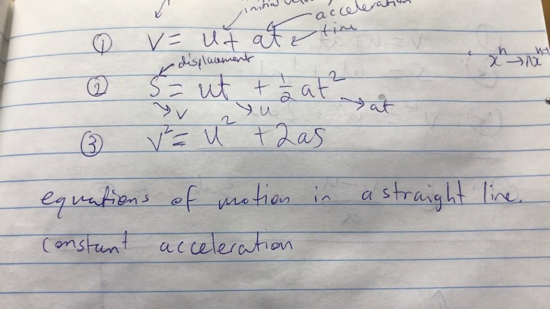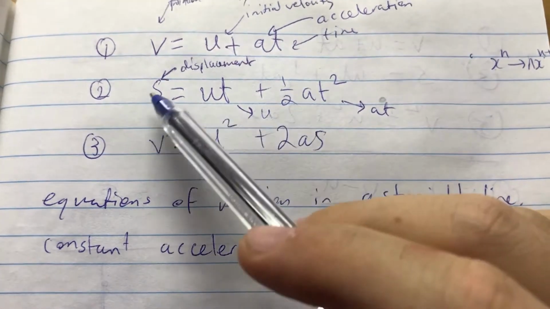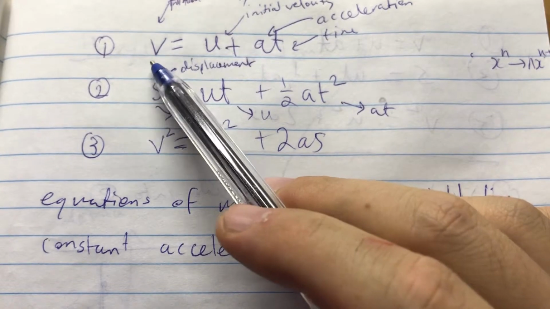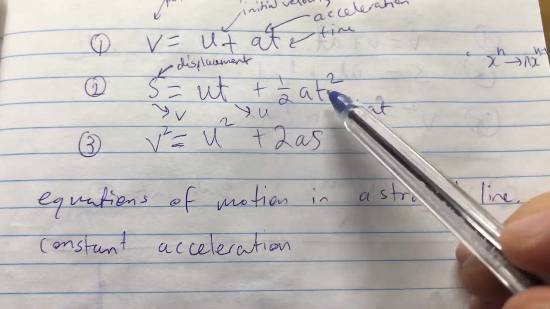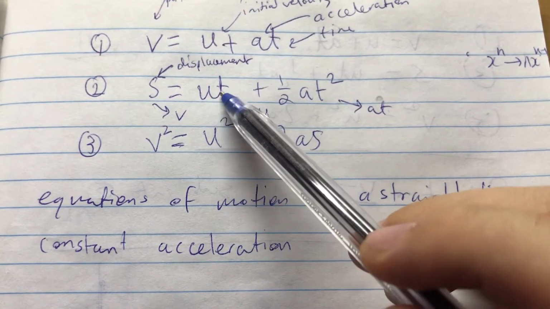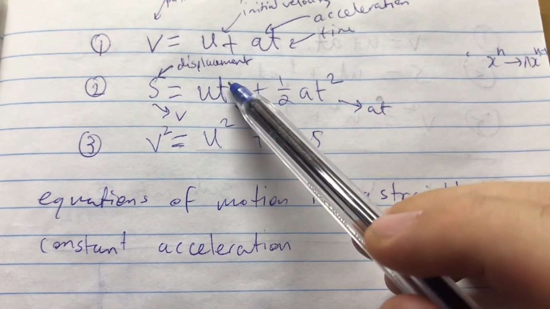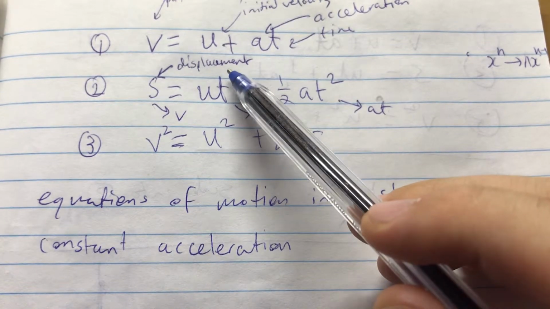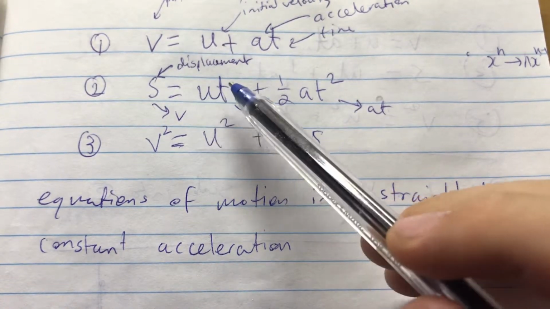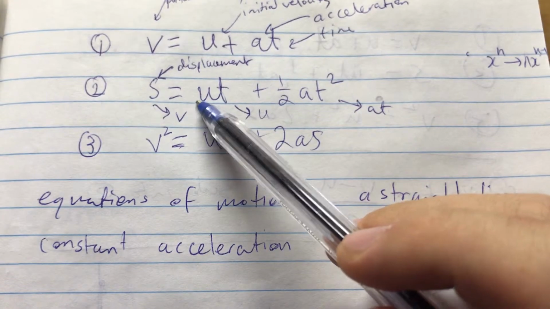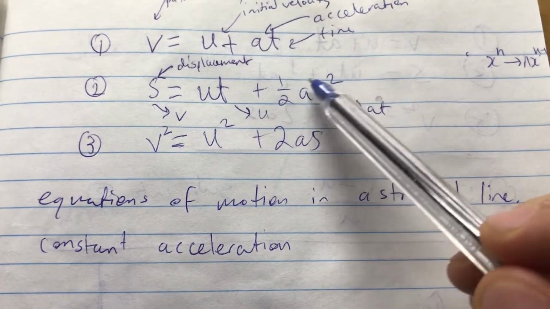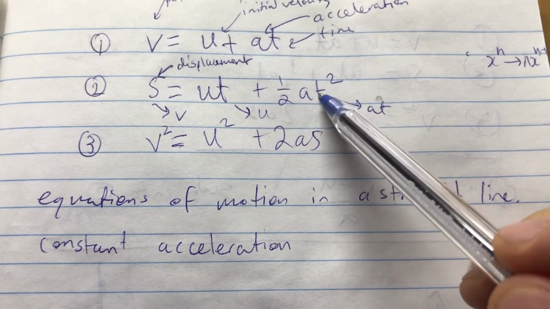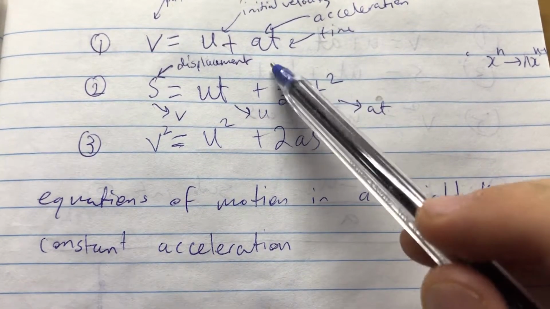The second equation of motion: remember how we said the derivative of S is equal to V. If you learn derivatives, maybe you can review this after. The derivative of this is the sum of the derivatives, and the derivative with respect to t of a power of t just reduces the power by 1, with the old power times at the front. So this is times 1 and reduces to t to the 0, so it just becomes u. For this one, the 2 comes to cancel the half, and t squared becomes t to the 1, so it becomes at.